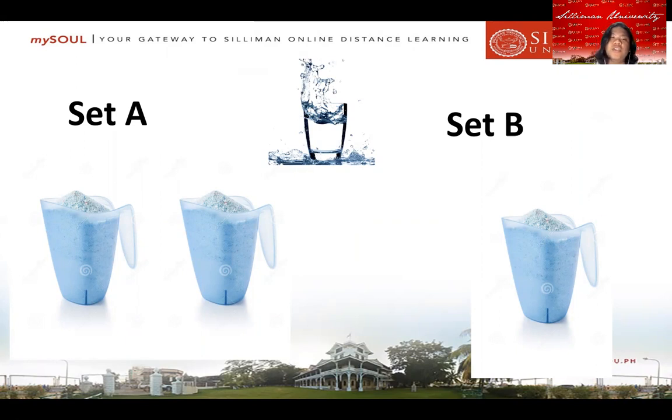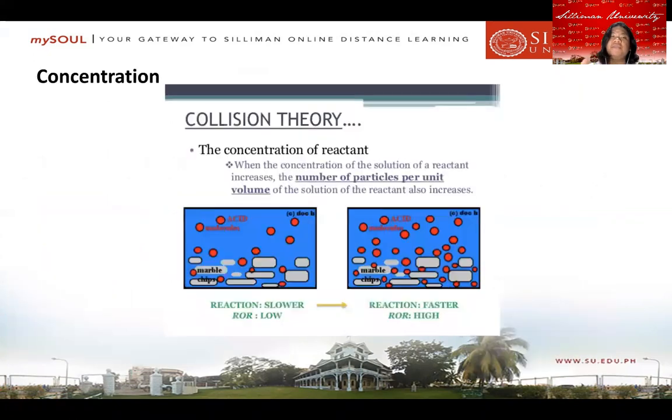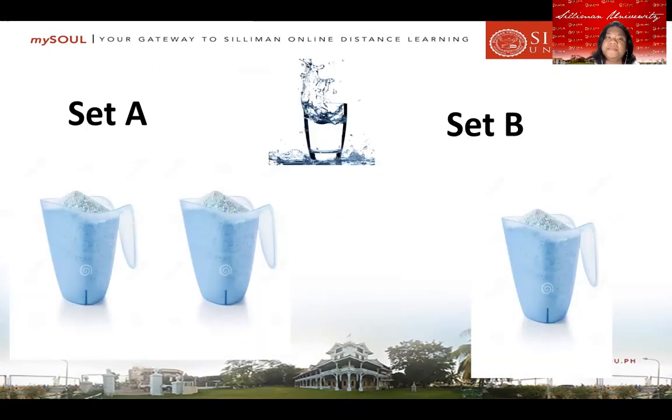So if you compare setup A and setup B, which setup will produce more bubbles? Definitely it's setup A, because setup A has more concentration, or has more detergent powder. So that's the message of concentration here. The more particles per unit volume, the more the rate of reaction increases.